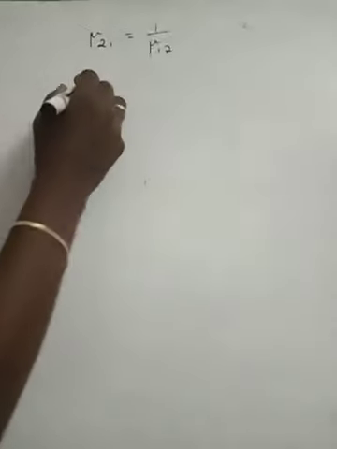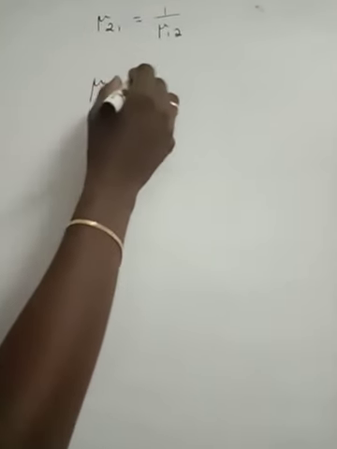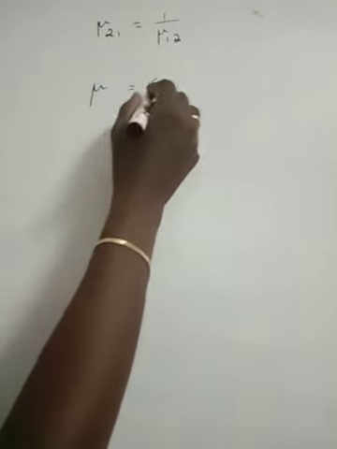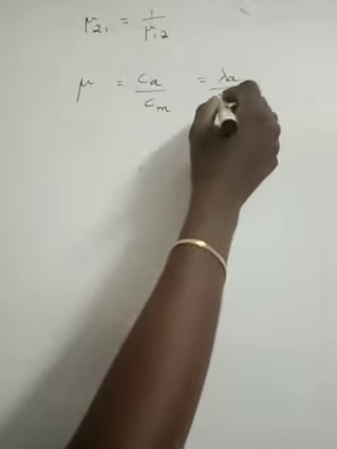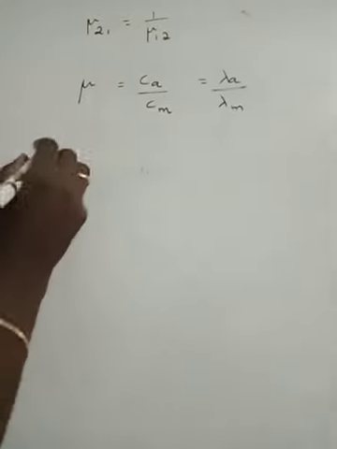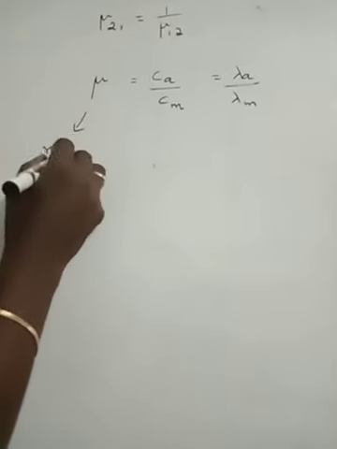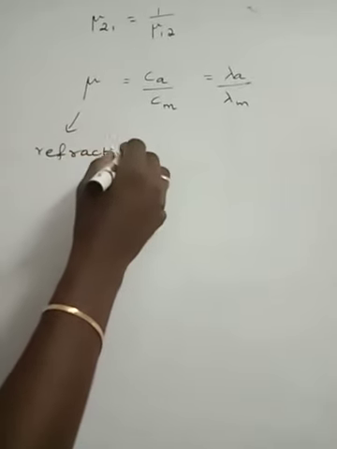So commonly the refractive index of a medium is equal to velocity of light in air divided by velocity of light in medium, which is equal to wavelength of light in air divided by wavelength of light in medium. Mu represents the refractive index of the medium.